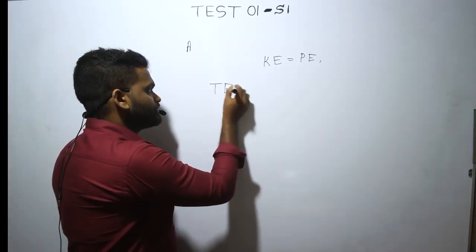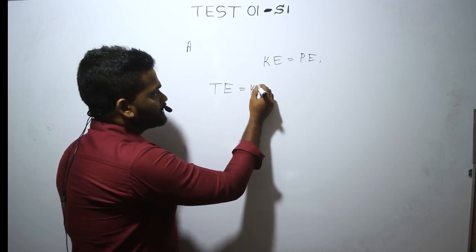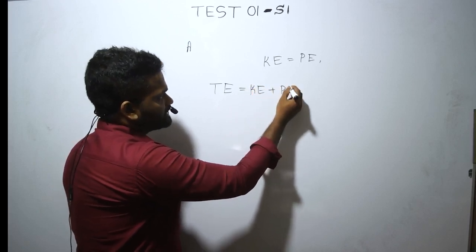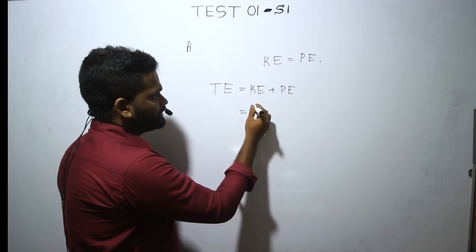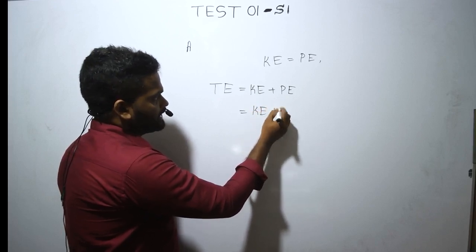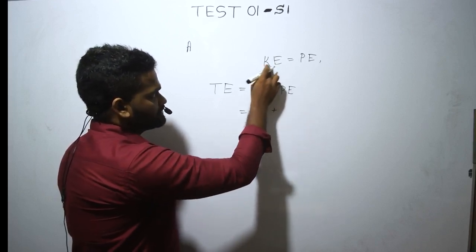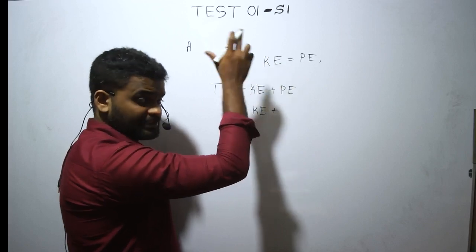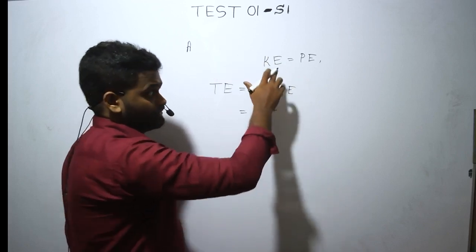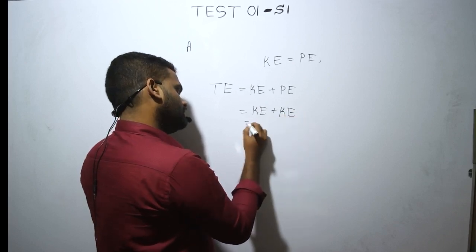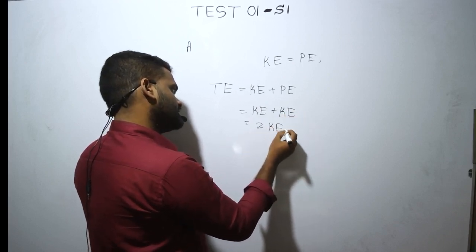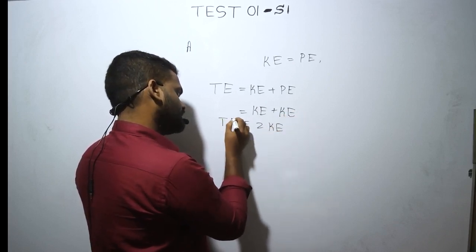So we know this equation. Total energy is equal to kinetic energy plus potential energy. Right? Here, if you want, we can write like this. Instead of potential energy, I can use kinetic energy for this question, right? Because that is what they ask. So 2 KE is equal to total energy.